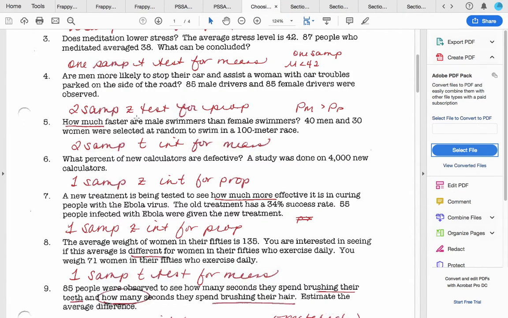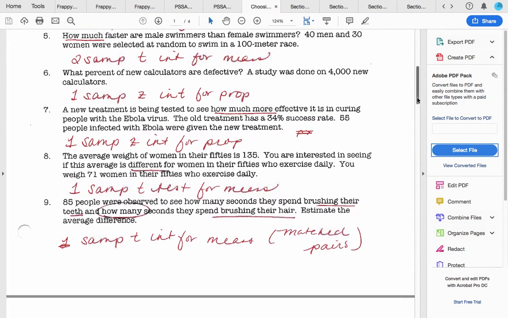So how much faster? I need to quantify a number there. So I'm not asking yes or no; I want to create an interval. I have male swimmers and female swimmers, so I have 2 samples, and I want to know how much. I'm going to be calculating an average here, so this is a 2 sample t interval for means.